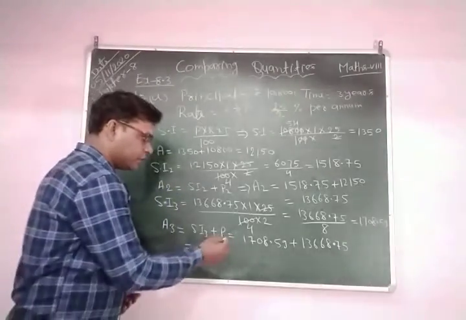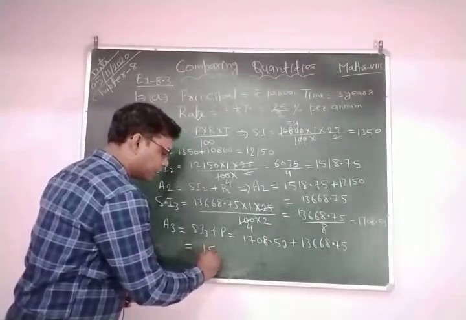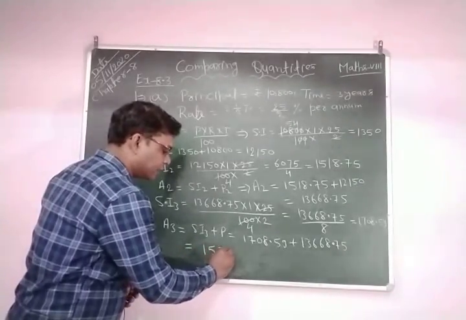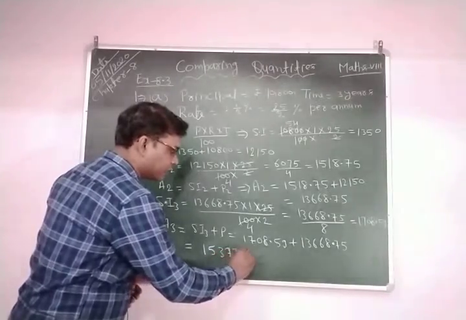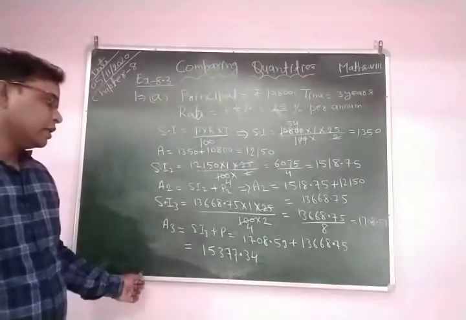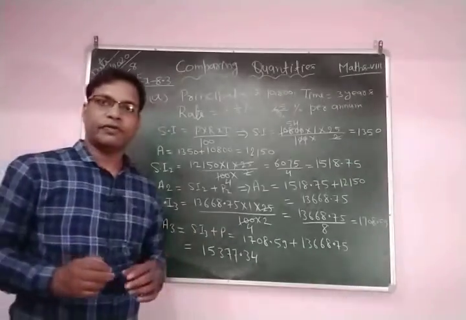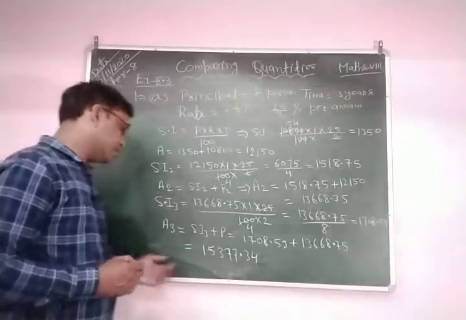Okay, if you add them, then you obtain 15,377.34. Clear? So you can see in both ways we find the same amount.